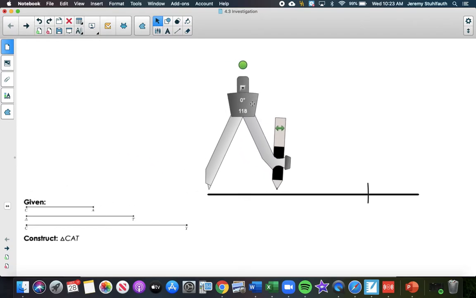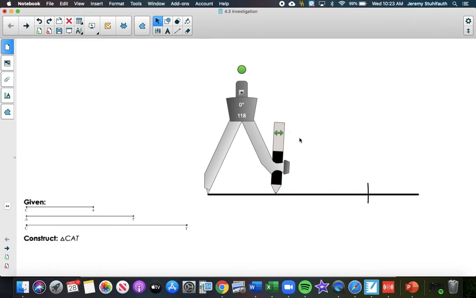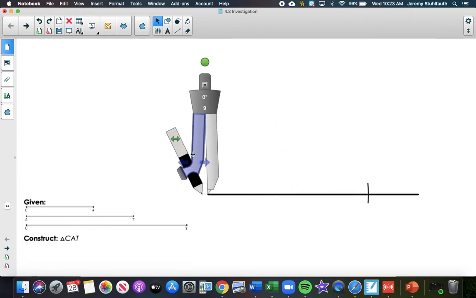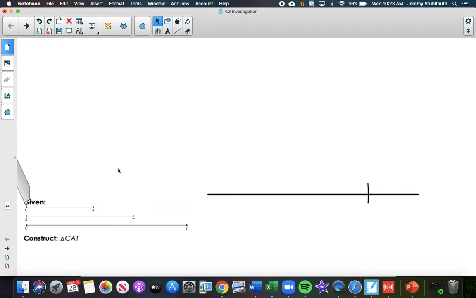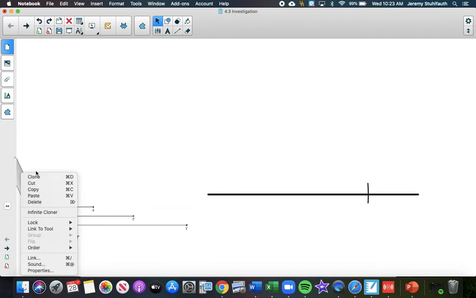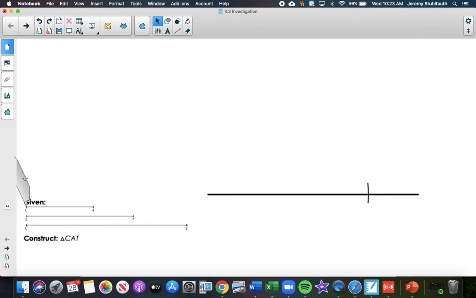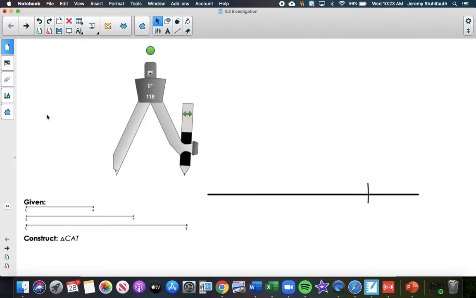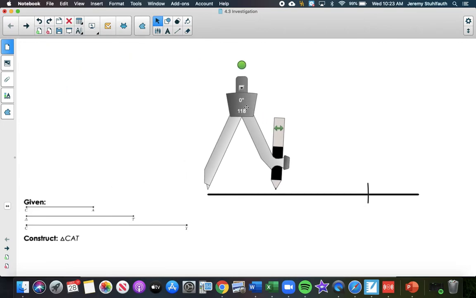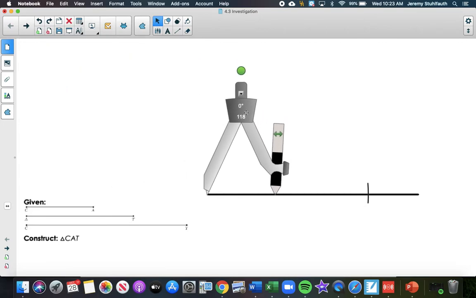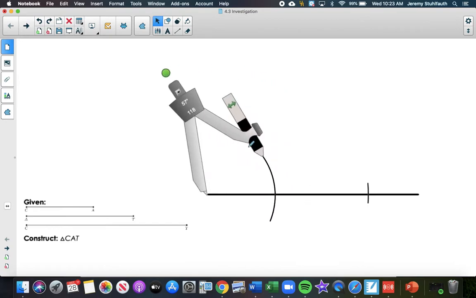We're going to come here and start with our point on point C, and whoops, this is why using a regular compass instead of a computer compass is better, because you don't have accidental clicks. Apparently my compass didn't adjust size, so we're going to make an arc right here.